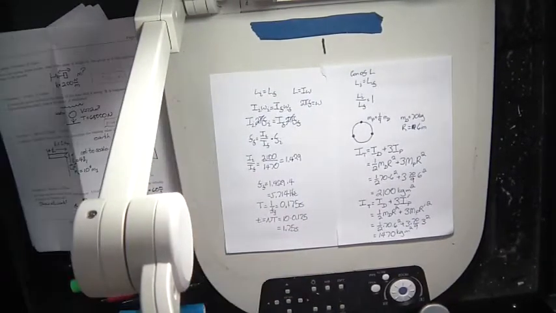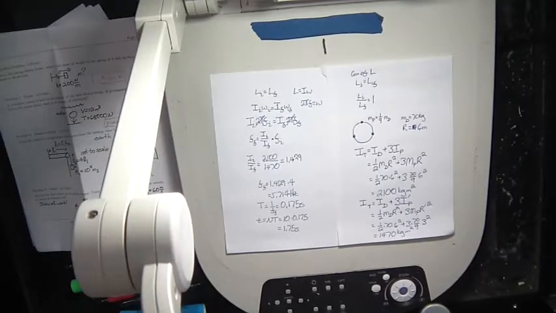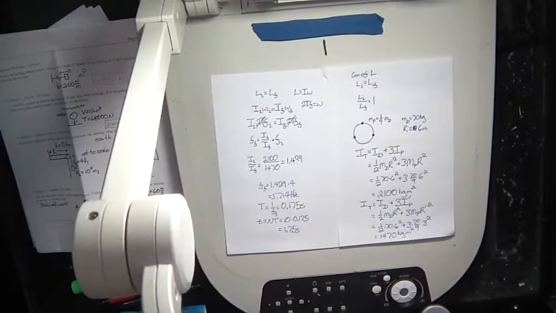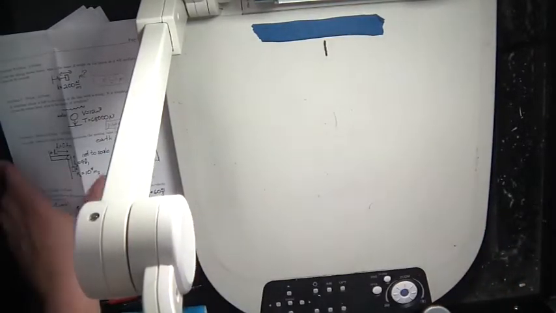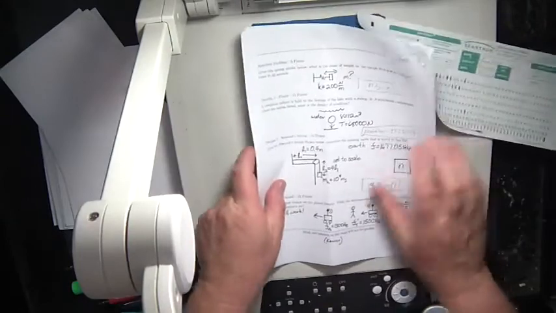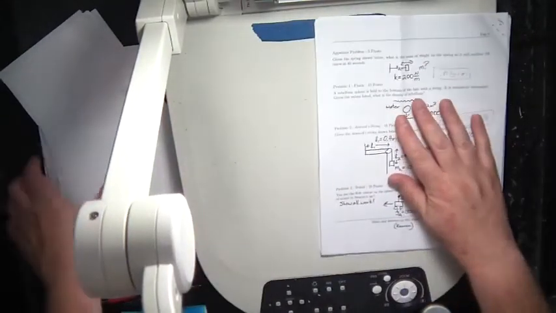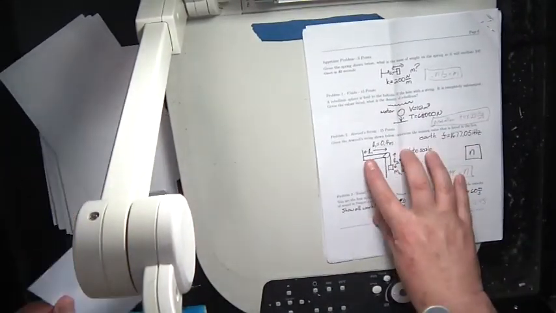Now the outward string problem directly will not be on the final. However, sound is on the final, so this is kind of a necessary thing. In the outward string problem, we have a vibrating region L1.